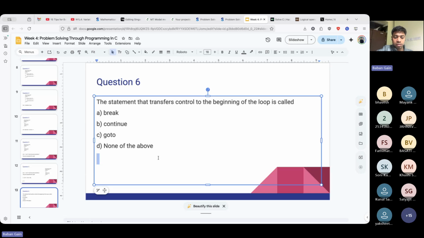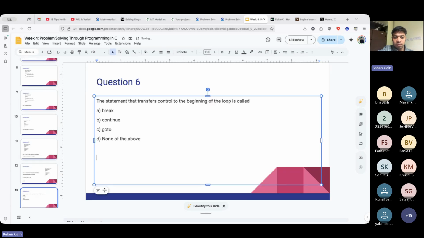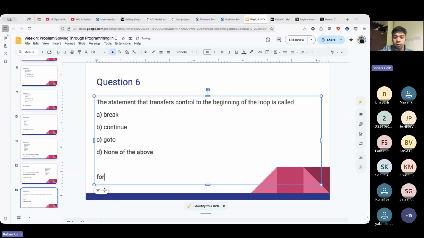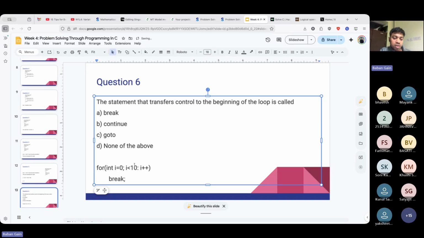So let me give an example of a for loop only: for int i equal to 0, i less than some value, i plus plus. What will happen if we apply something like break? It will jump out of the loop, so it will not go to the beginning. Similarly, if we apply goto, it can go anywhere actually, not only the beginning of the for loop. It is a multi-purpose thing.